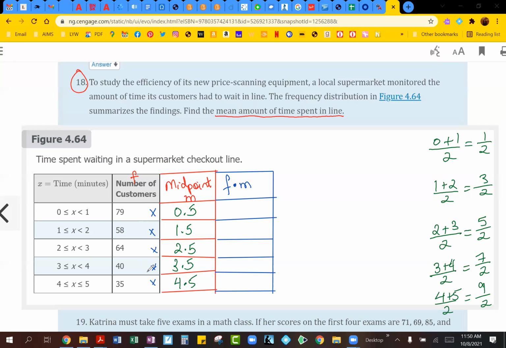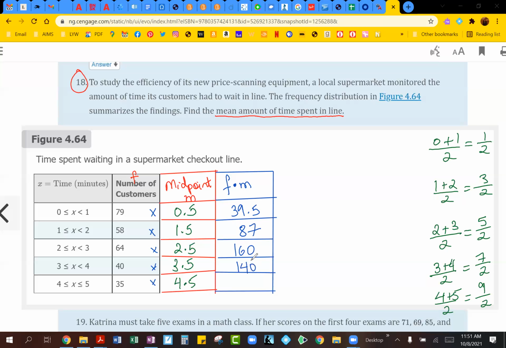So let's see, what will this come out to be? Let's start again in order from the first one. You're multiplying 79 with 0.5. So, of course, you're just taking half of 79, which will come out to be 39.5. You are taking 58 times 1.5, which will give us 87. 64 times 2.5 will be 160. 40 will be multiplied with 3.5.